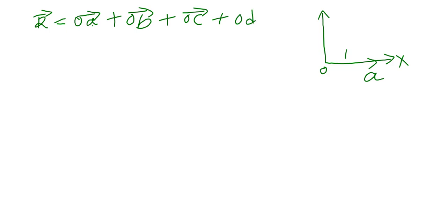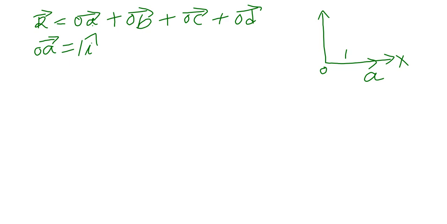Now the first quadrant is OA bar. OA bar is in the x-axis, so along the x-axis we write this as I cap.